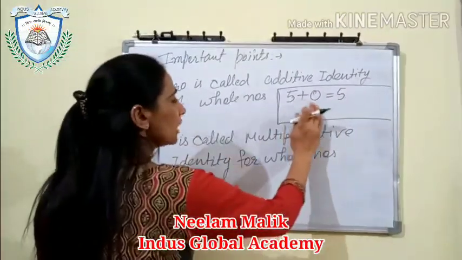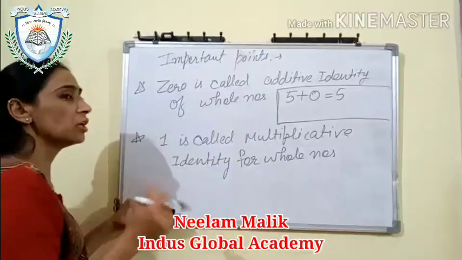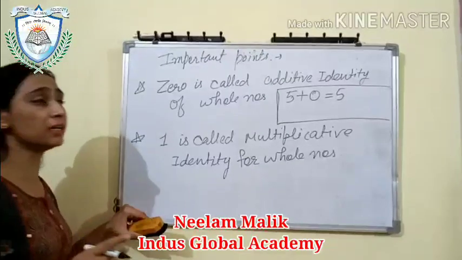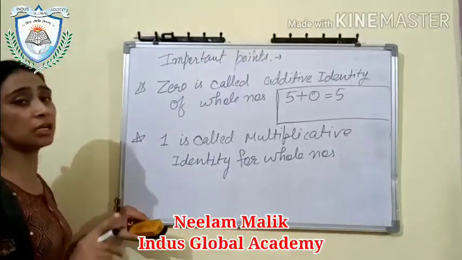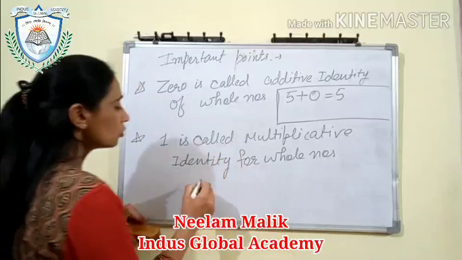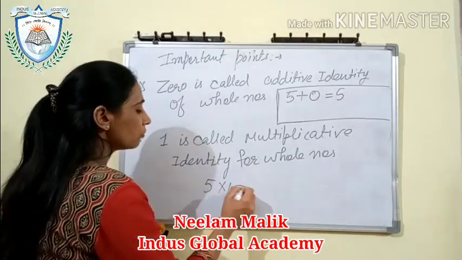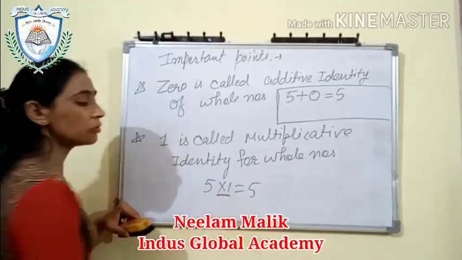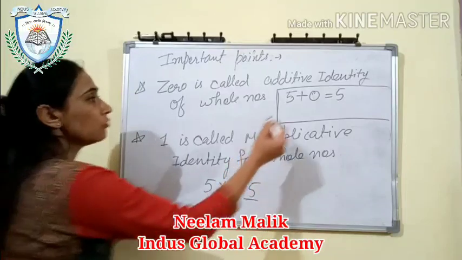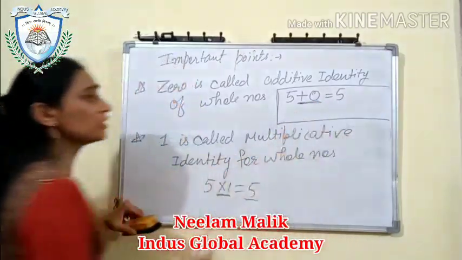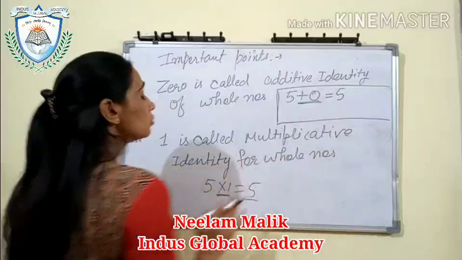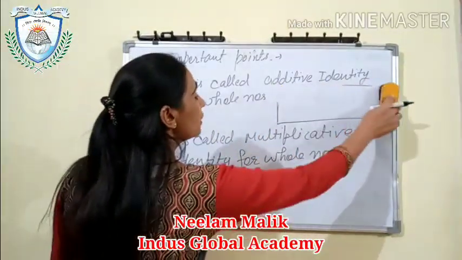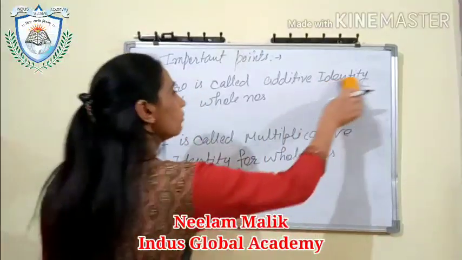So that is 0. So that's why we called 0 is an additive identity. And for the multiplication, we also need a number. If you will multiply any number with that number, there should not be any change in your resultant. So if you are multiplying 5 with 1, you will get 5. Yes. So in the multiplication, if you will multiply any number with 1, there will be no change in answer. If you will add 0 in any number, then there will be no change in answer. So that's why we are calling 0 is additive identity and 1 is multiplicative identity.